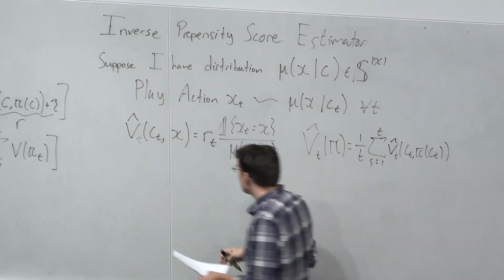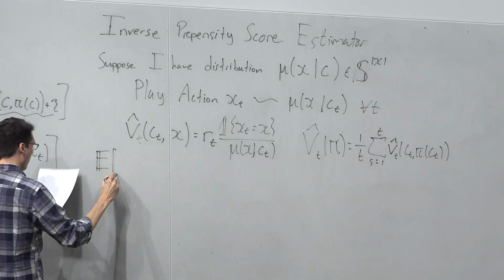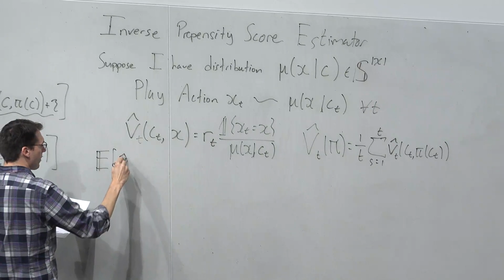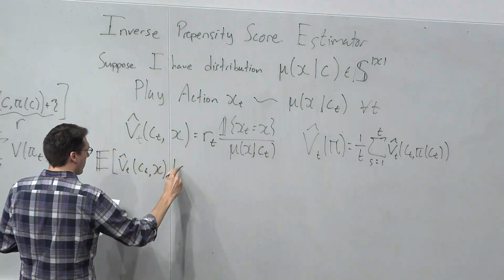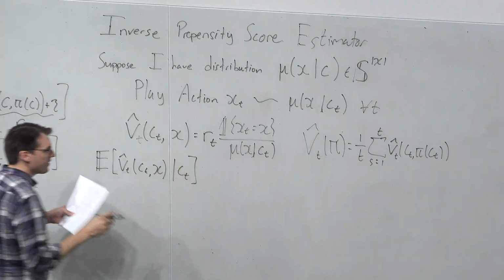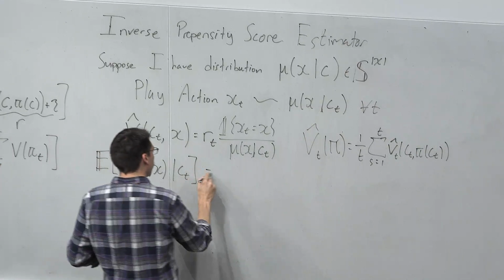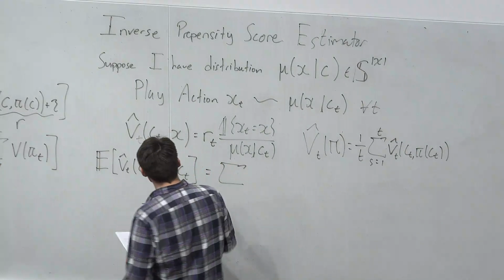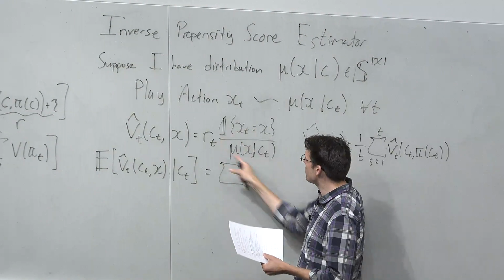And to show you that, consider the expected value given some context c_t, so we're at time t. Well, the only thing random here is x_t, what x_t was chosen.